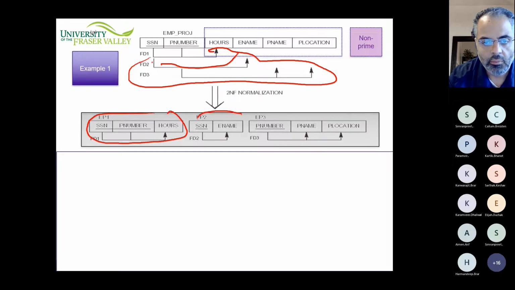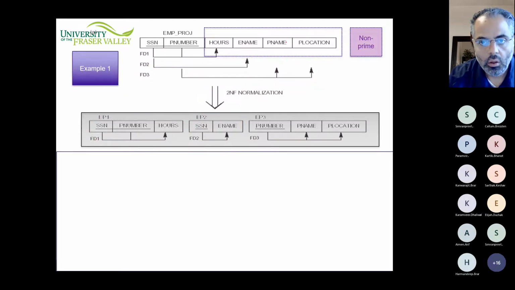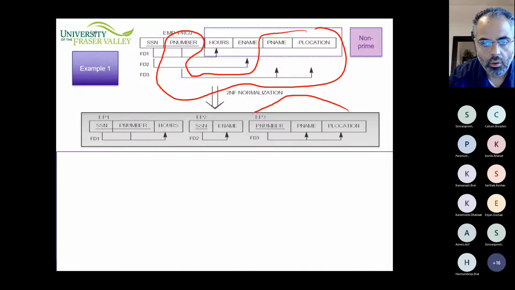Here, the employee name, I put it in another table because this violates second normalization. And these two that violate, I put them in another table. So I have three tables now.